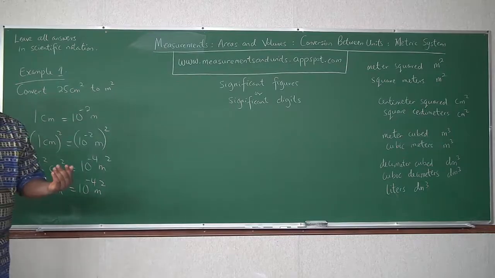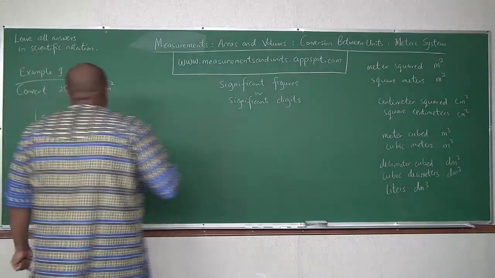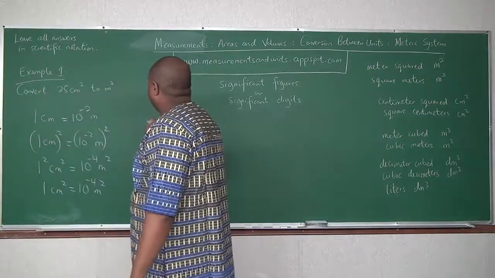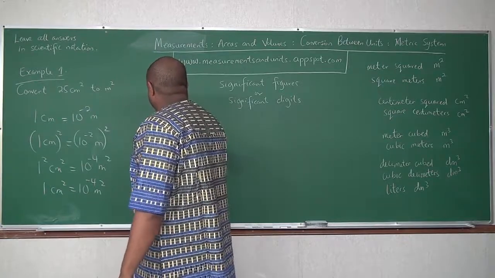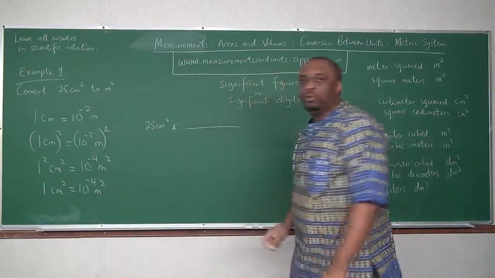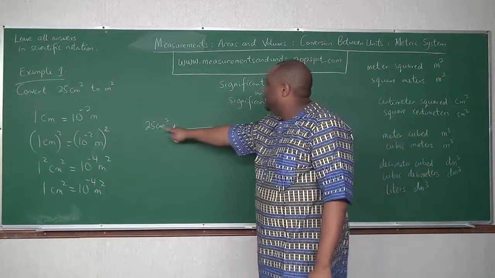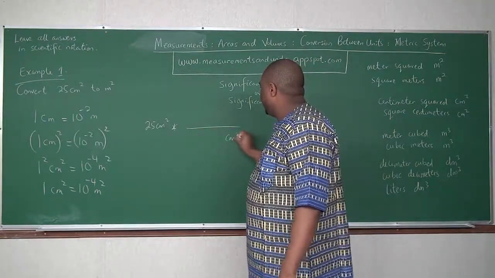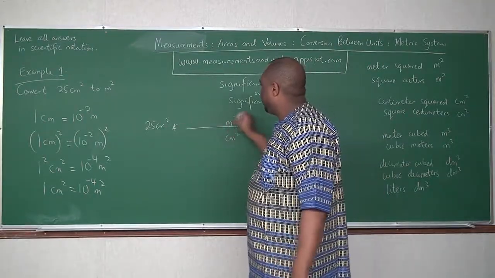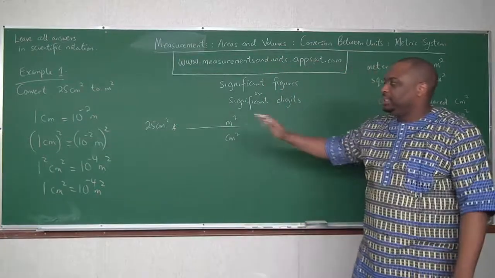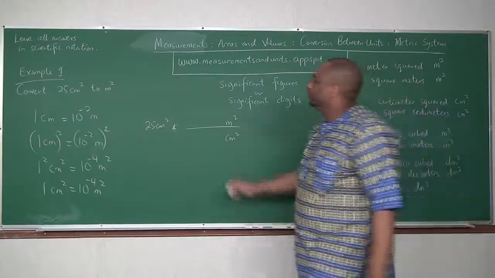If we use the unit fraction method, we will have 25 centimeters squared times, we now put centimeter squared here and we put meter squared here. I am using the unit fraction method.